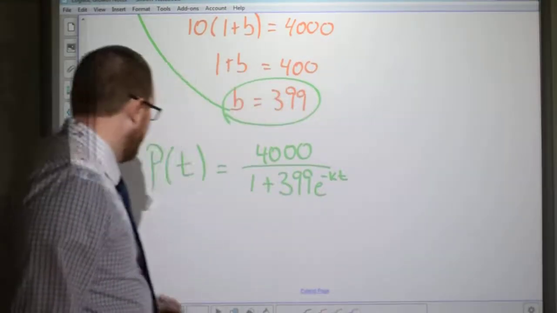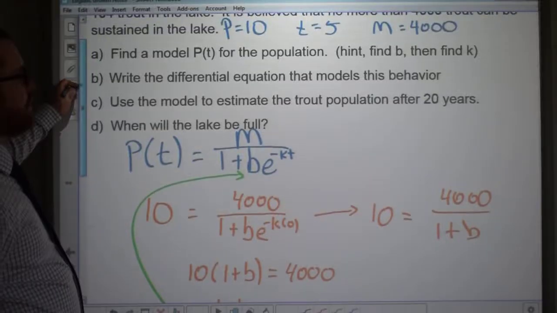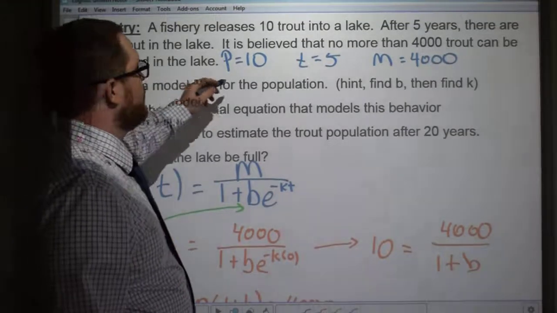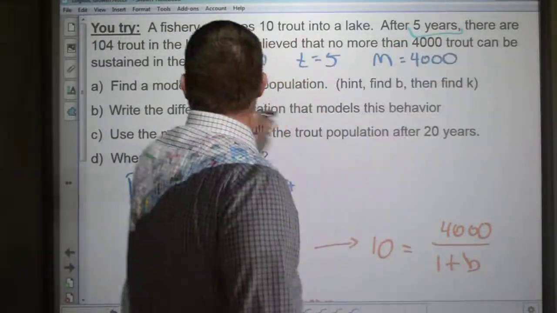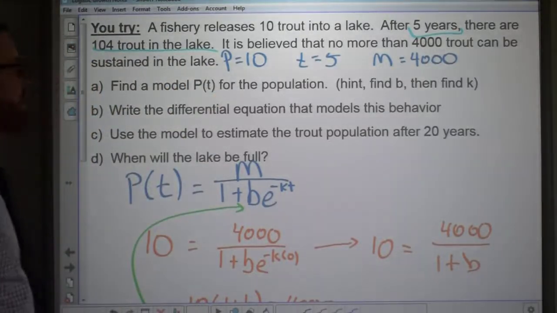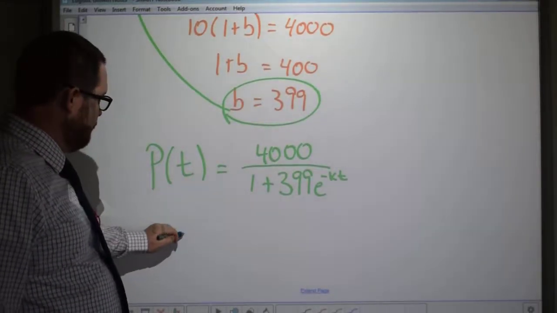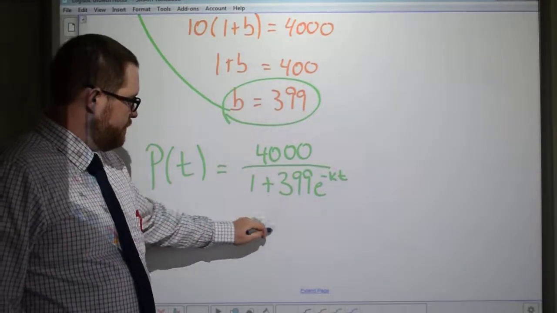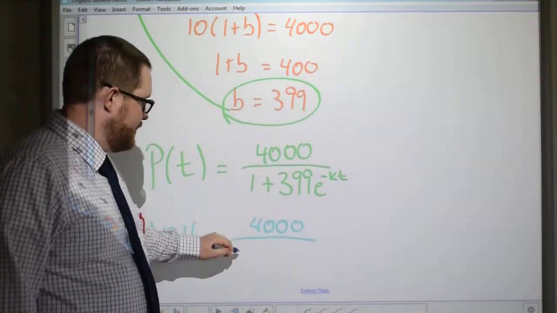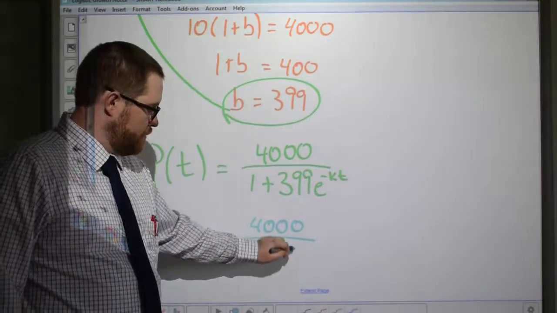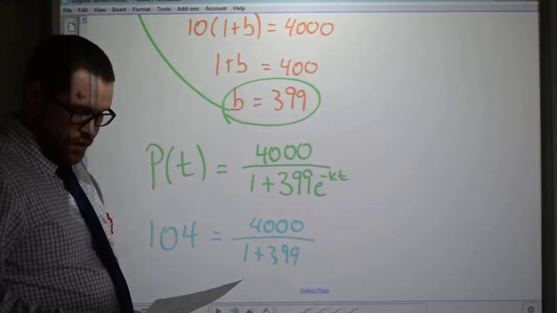Now I can go back and I can answer this part, or I can use this part. After 5 years, there are 104 trout in the lake. So now I have a time and a population. I can find K. So my population is 104. My time was 5.